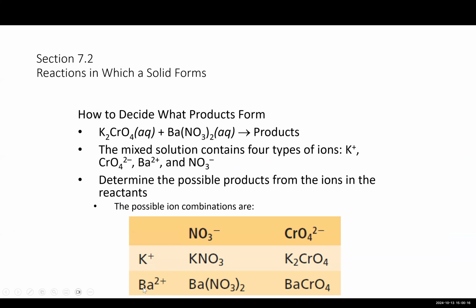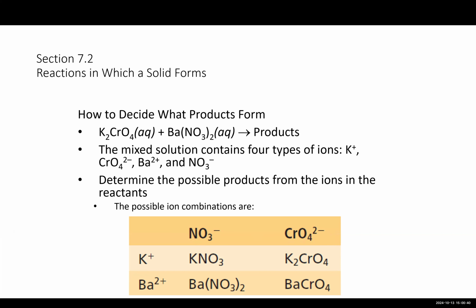If it's barium, then it also has the nitrate or the chromate anion, because a cation wants to interact with an anion. So there are two cations and two anions. They can interact if they are all in the same solution.